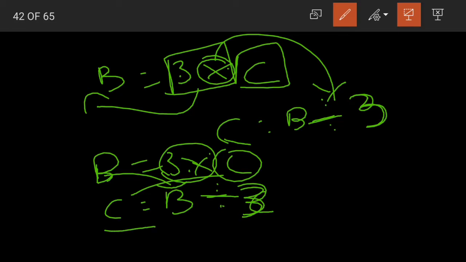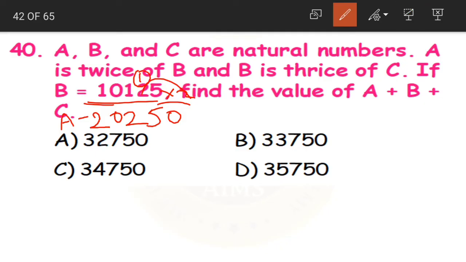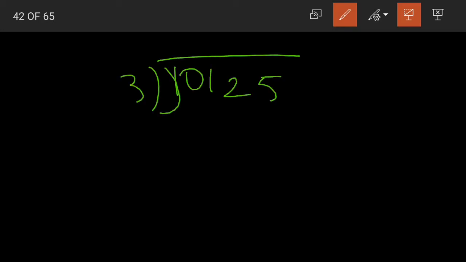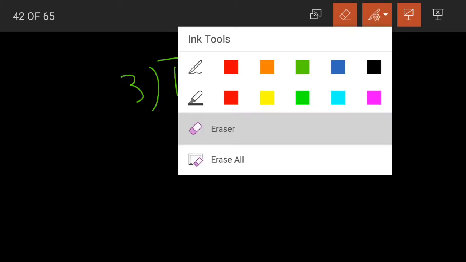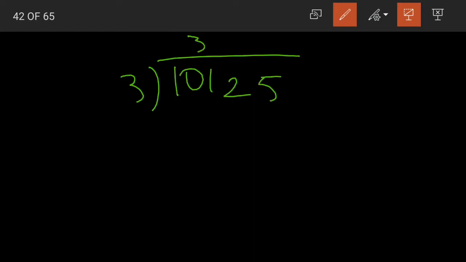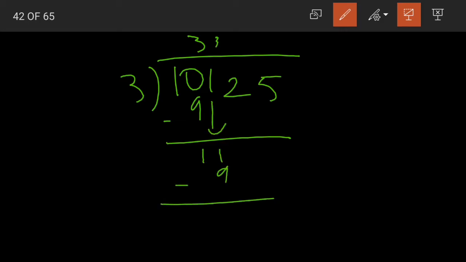Now what is the value of C? B divided by 3. So let us divide 10125 divided by 3. 3 3s are 9. When we subtract, 1 is brought down. 3 3s are 9 again. When we subtract, 2 is brought down. 3 7s are 21.